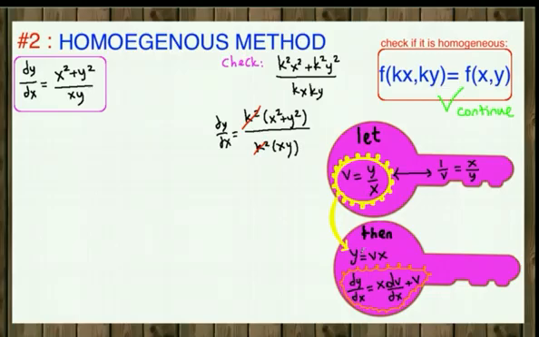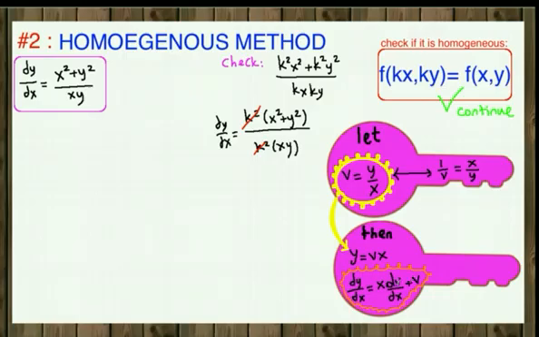And if you differentiate this function, y, you're going to get dy dx. If you differentiate this using the product rule, the derivative of the first function, which is dv over dx, times the second function itself, plus derivative of the second one times the first one.